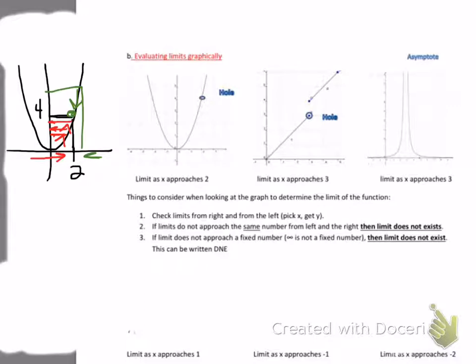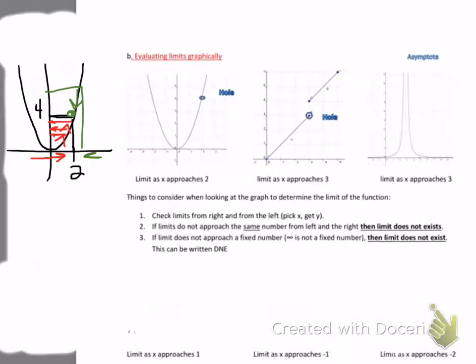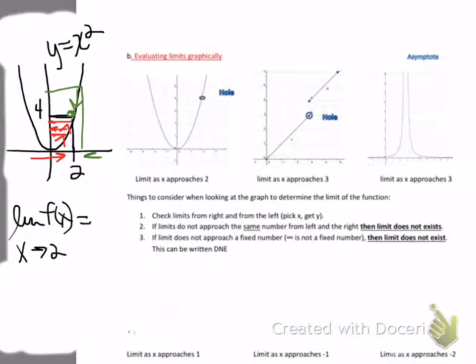So as x approaches 2, when the function is y equals x squared, the y value approaches 4. So the limit, and we'll just call that f of x, as x approaches 2 equals 4. All right, that's the no problem case.